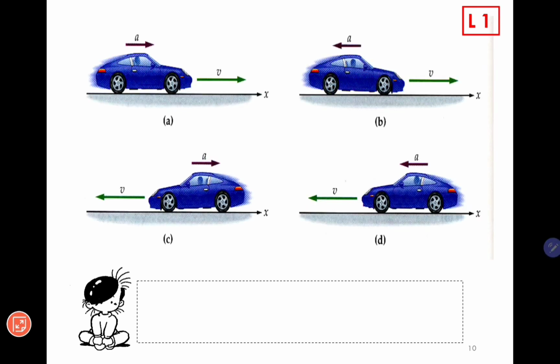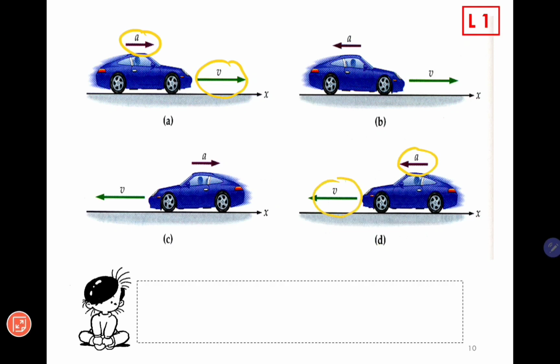Okay, here we are given 4 different situations, which are A, B, C, and D. According to this figure, we may conclude that A and D are under acceleration. How do we know? In A and D, the acceleration and motion are in the same direction, isn't it?